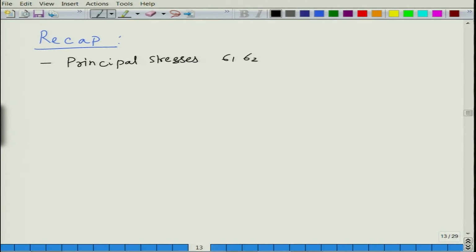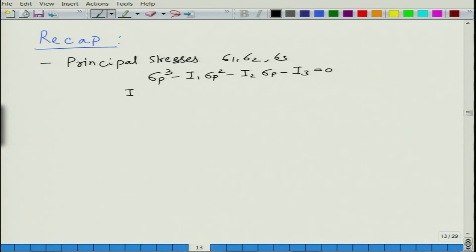sigma 1, sigma 2 and sigma 3, which are basically from this equation: sigma p cubed minus I1 sigma p squared minus I2 sigma p minus I3 is equal to 0, where I1, I2 and I3 are stress invariants. Basically they are invariants of stresses, independent of orientation of axis, which are given in terms of normal and shear stresses.